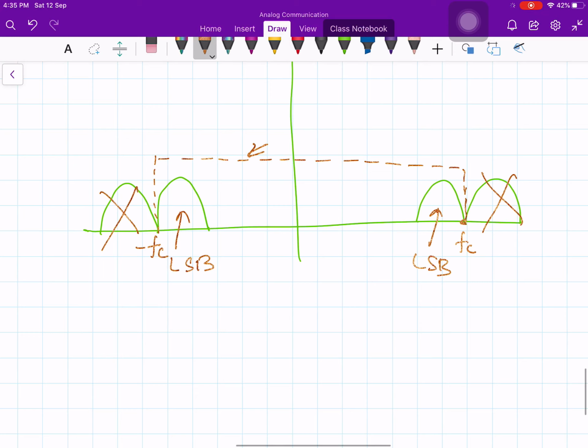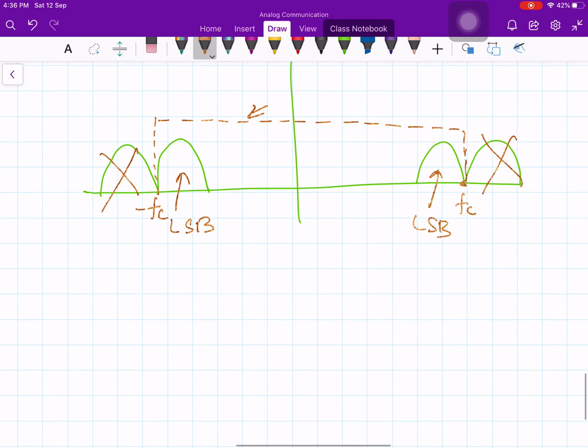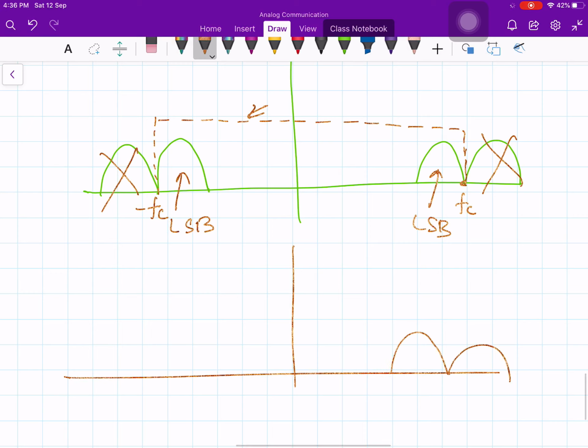In practice, of course, you will not realize a low pass filter with such a huge bandwidth. You will realize a band pass filter. What you do? You put a band pass filter like this, and here also a band pass filter like this. So one can approximate such filters.